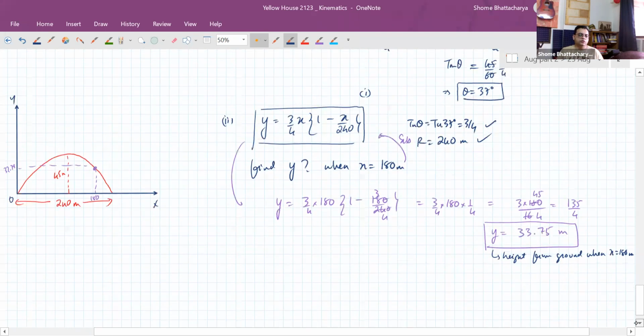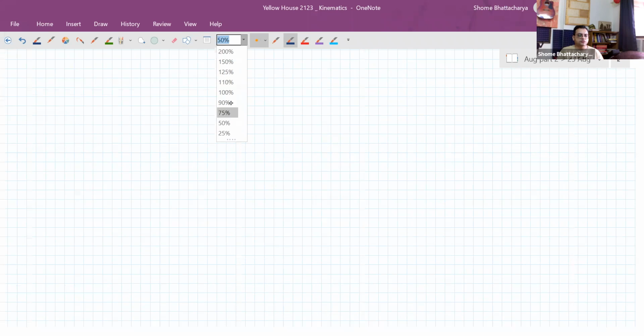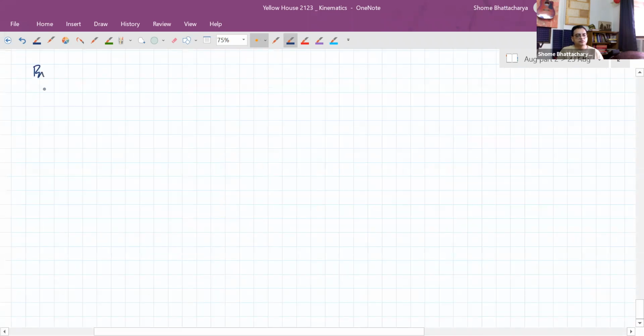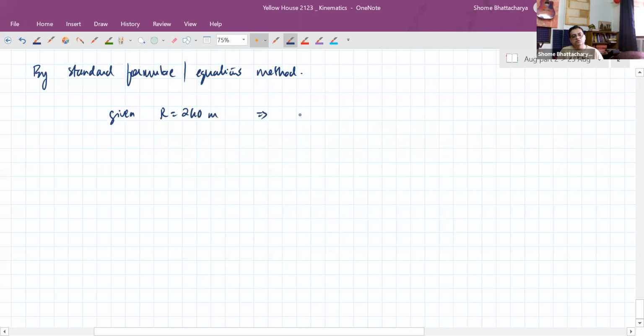Okay, now see, if you had gone with the standard formula based method instead of this, same problem by standard formulae or equation method, then what we would have done in this question is that given r is equal to 240 meters, you would have said that okay, u square sine 2 theta by g is 240 and h is equal to 45 meters.